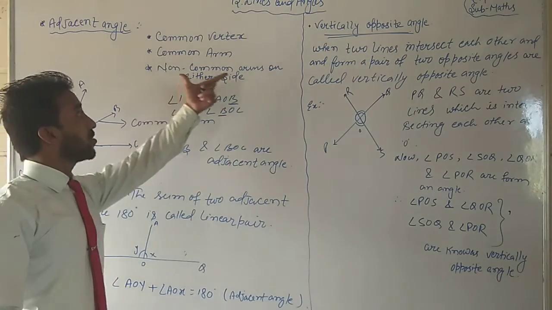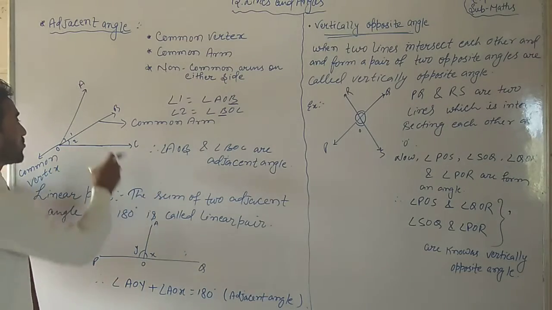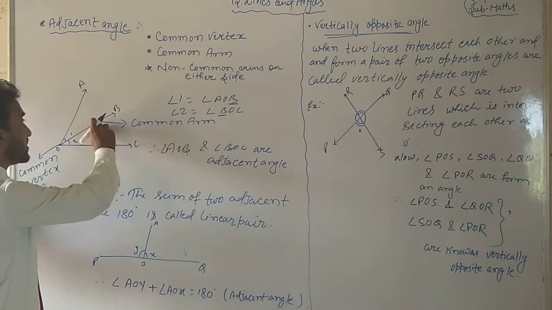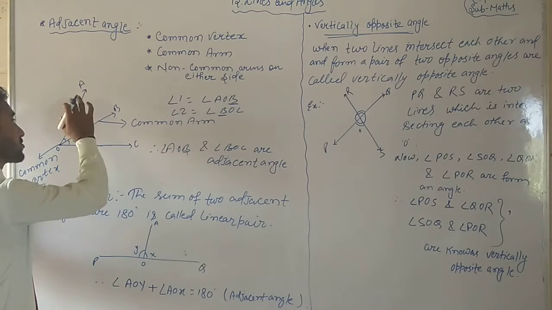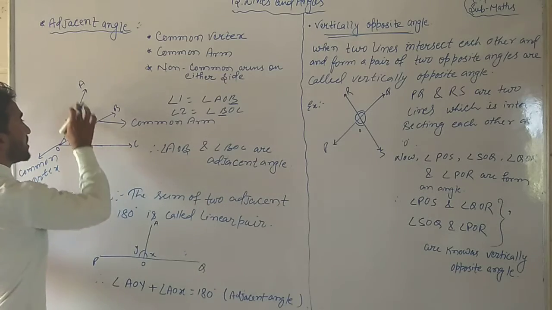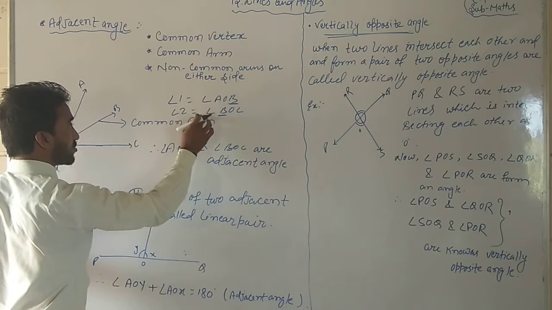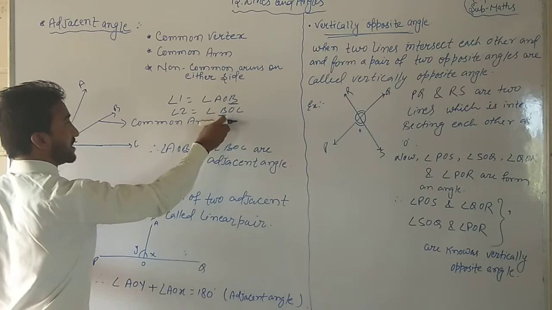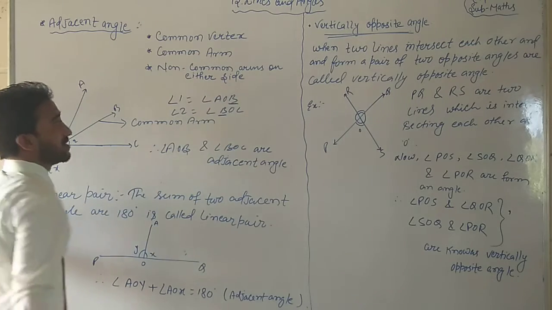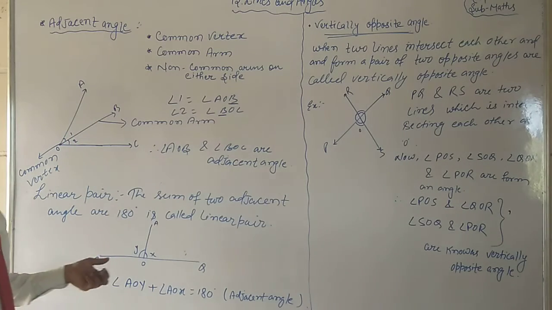Now see, the non-common arms are on either side. In angle AOB, we have OA, but in angle BOC, A is absent and C is present. So we can say the non-common arms are on either side.